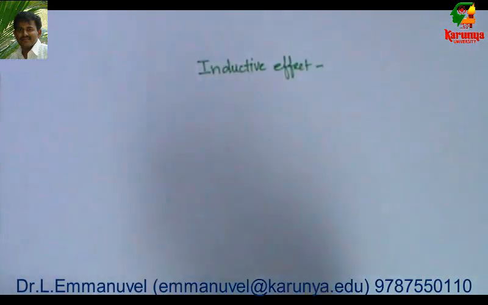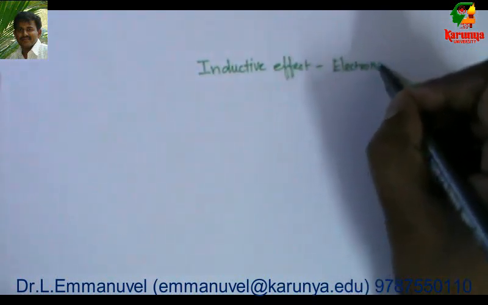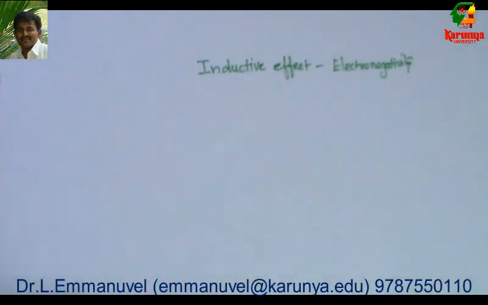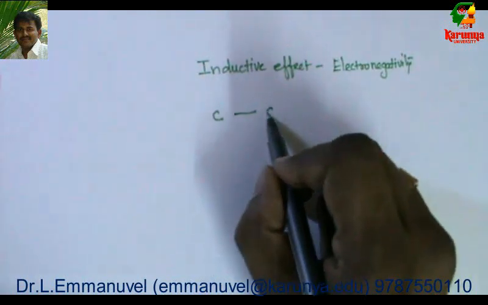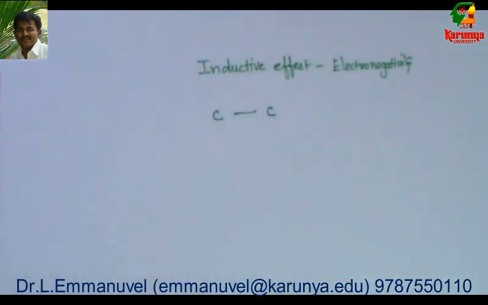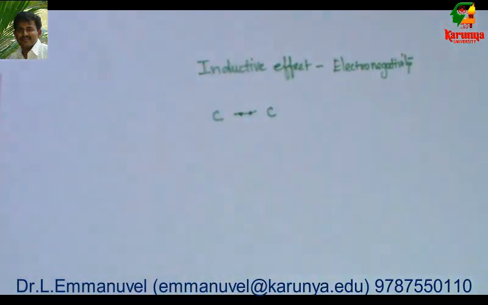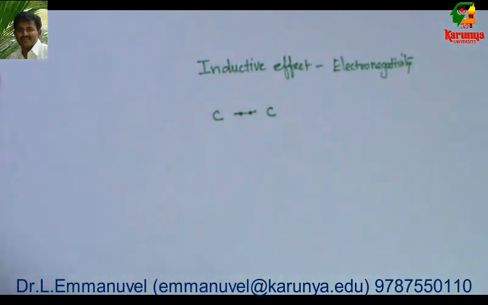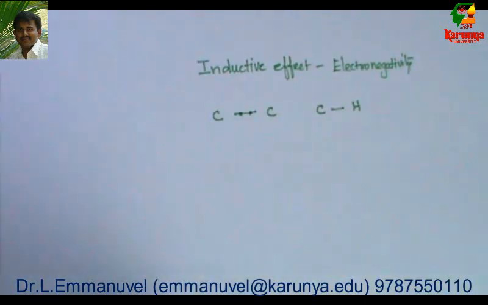In order to understand that, you should know about electronegativity. If a carbon atom is attached to another carbon atom, the two electrons present in this bond are placed in the middle. If carbon is attached to hydrogen, then also the same.